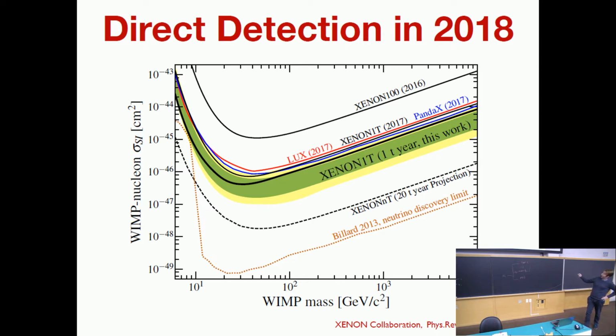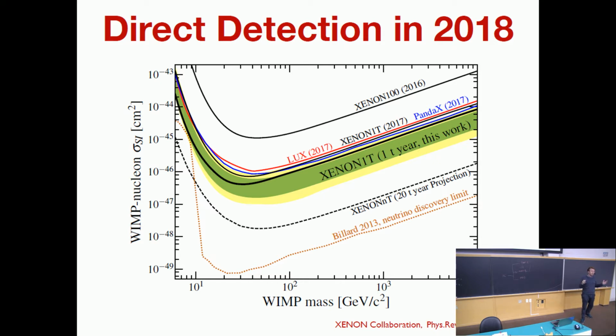And here are our current best limits for the dark matter direct detection cross-section in the so-called WIMP mass range. So we also heard this morning about the sub-GeV region. We heard the talk before mine as well. But for this talk, I would like to focus mostly on the WIMP mass region, which is roughly between 1 GeV and a few TeV. And this black line is our current limits.